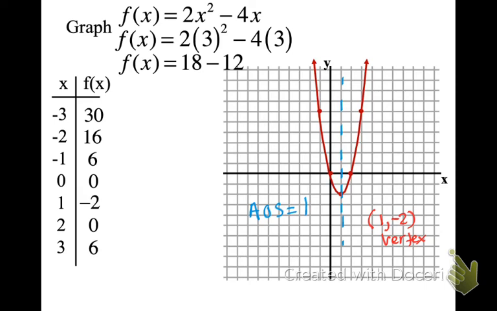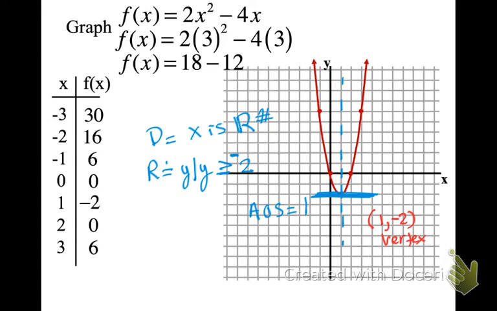My domain is any real number. X is any real number. And my range is going to be y is such that y is greater than or equal to, you have to say negative 2. Okay, and my domain is x is any real number. Right?